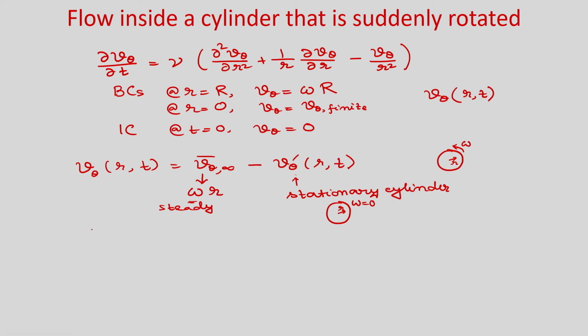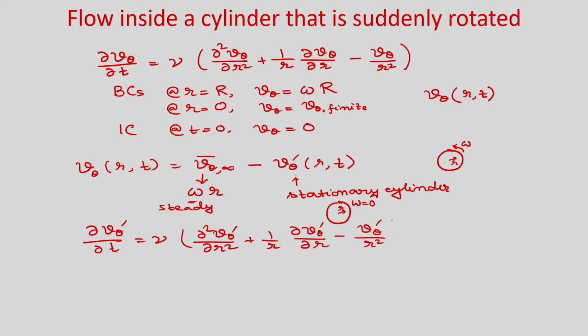Now if you write the governing equation, you are going to get del v theta prime by del t is equal to nu times del 2 v theta prime by del r square plus 1 by r del v theta prime by del r minus v theta prime by r square.